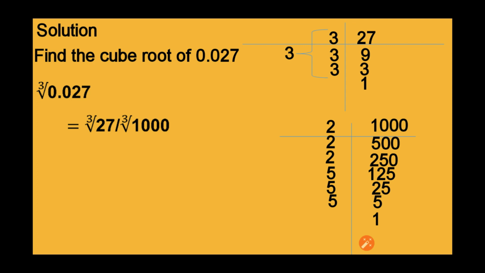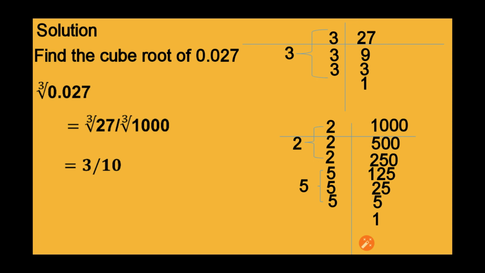What do I do next? I group them in 3s. I take my first group, 2s, and the other group, which is 5s, and I take one out of each group. Now, I'll multiply 2 times 5, which gives me 10. Therefore, the cube root of 27 is 3, and the cube root of 1000 is 10, which gives us 3 over 10.